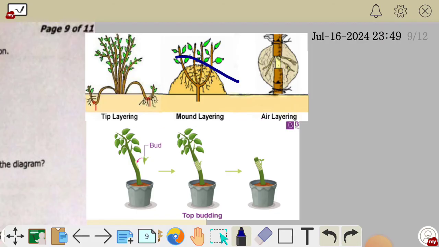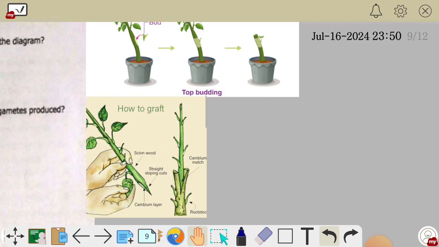So you can bring sand to a big tree, and then the part which is covered by sand will develop roots, and then we will have different plants there. That is what we call layering. And then budding, we get a bud from a tree, then put it on another tree. That is what we call budding. Then apart from budding, we have grafting.